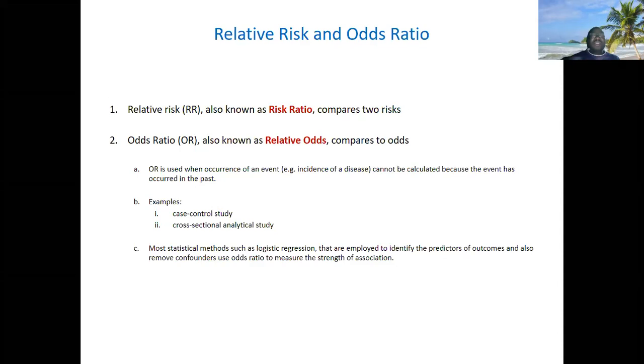But you may use it also when the disease is rare, because when the disease is rare, the value of odds ratio and relative risk will be very close, just like the value of odds and risk will be very close.